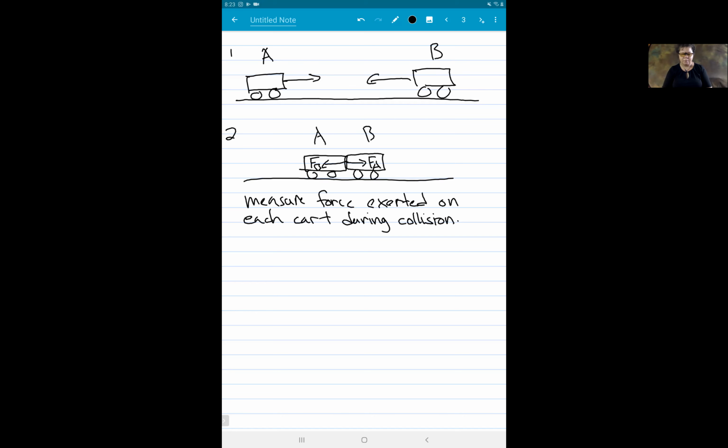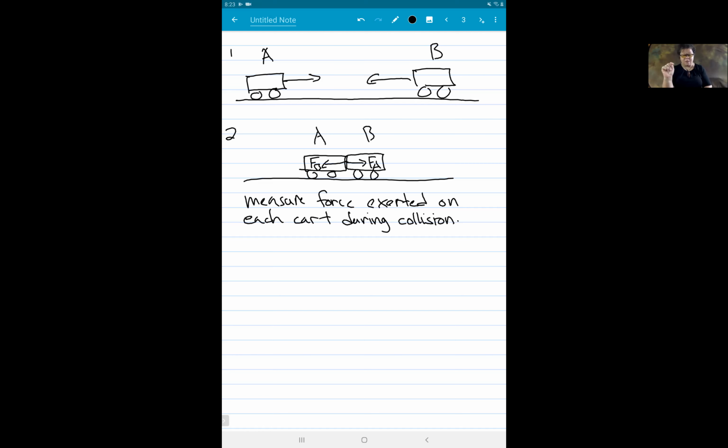Okay, so that's essentially what we're doing. In the actual lab, we would set these two carts up, we'd throw them at each other. The software we're using would be measuring the force at any given time throughout the entire experiment. They would then measure the force of impact. We would get independent data from the A cart and the B cart as they bounce into each other.